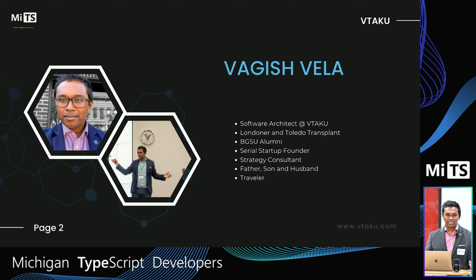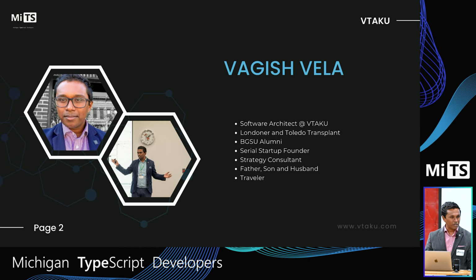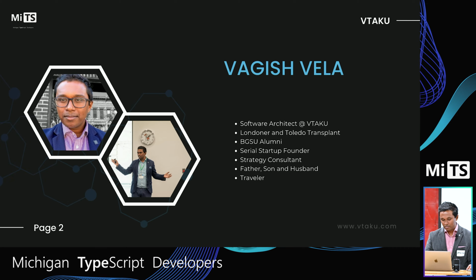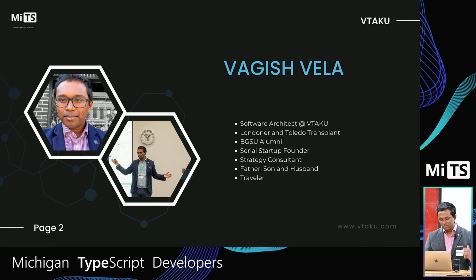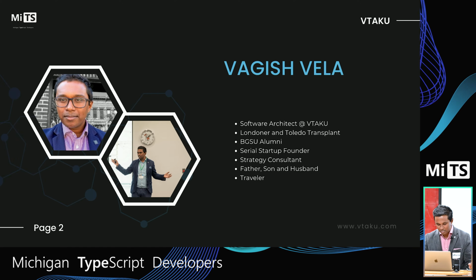Unfortunately, I haven't had the privilege of starting something up in Michigan, but that could be on the horizon one day. I'm also a strategy consultant. I have 3 kids. One who's actually about to go to college next year, which is kind of scary. My parents live in the UK, and my wife lives in Ohio. I travel a lot.